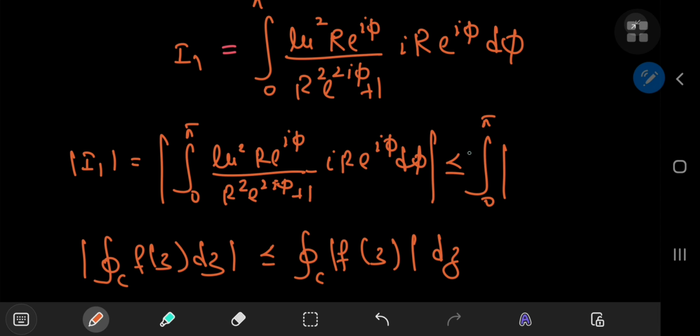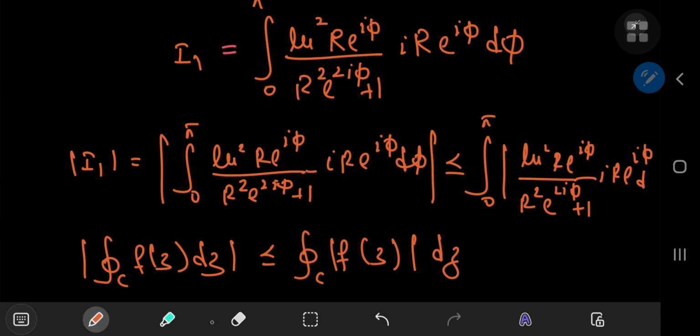So here inside I have the absolute value of all of this stuff that I'm just writing and no longer saying. And I hope I just don't miss anything. Plus 1 down here, i r e to the i phi d. Oh, I was about to forget something again.